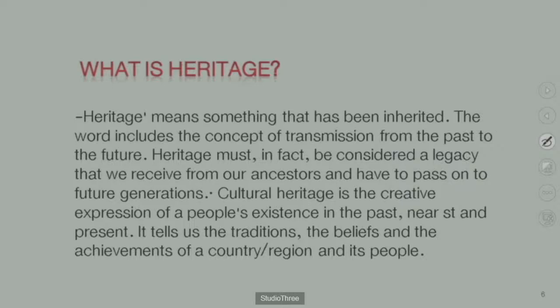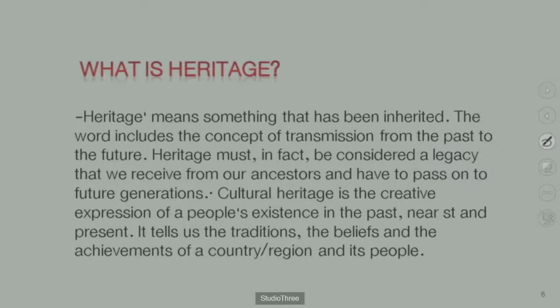That's what heritage means. In fact, it is a legacy that is received by us from our ancestors, and we will move it forward towards the upcoming generations of the future. Now here, cultural heritage is another creative expression of a people's existence in the past.